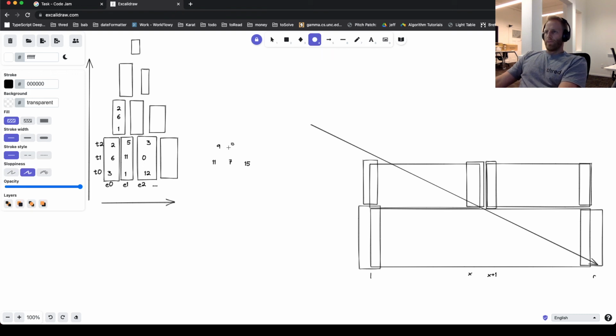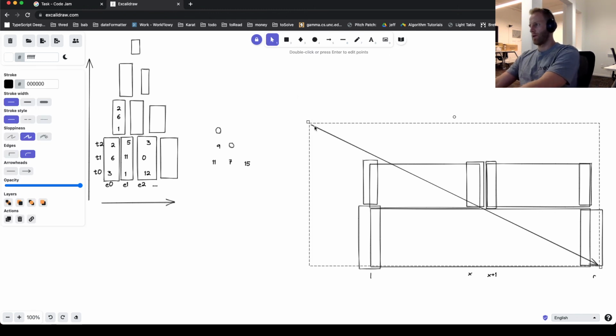So we'll have this kind of triangle matrix where for each pair from L to R, we'll know how many weights they have in common, which is cool. So yeah, let's start coding this up.